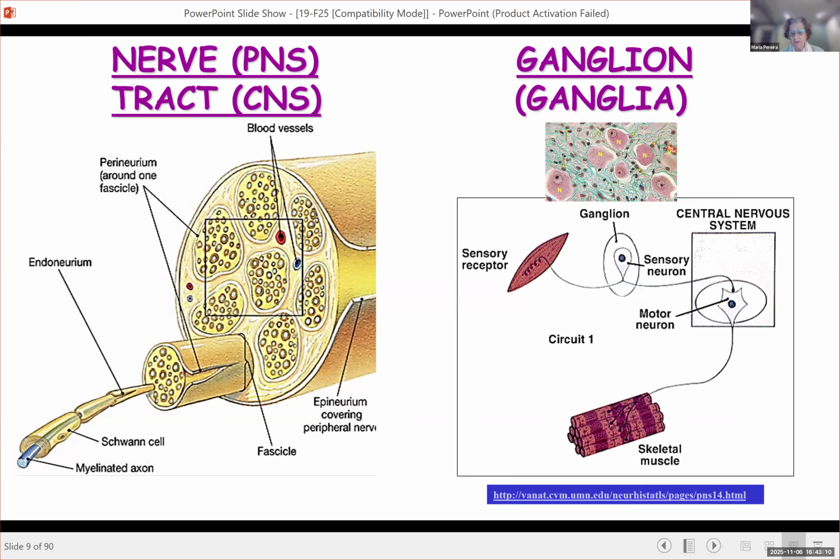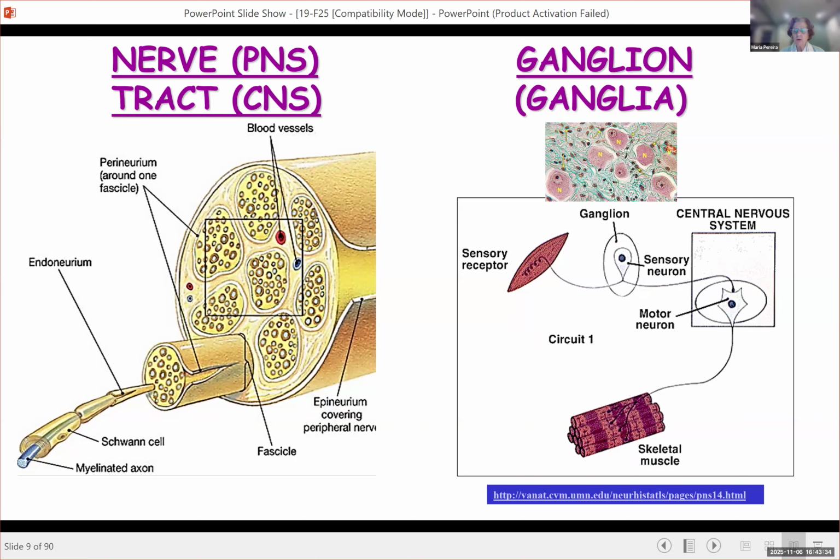So one advantage is that they are very well separated. The sensory neuron and the motor neuron are very well separated. If they would all be enclosed in the motor neuron, it would be kind of confusing. They are also differentiated from different components of the nervous system.